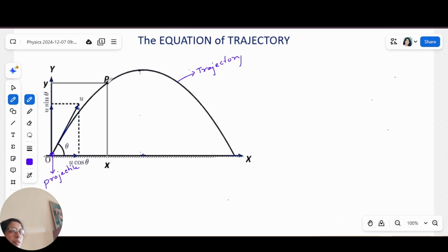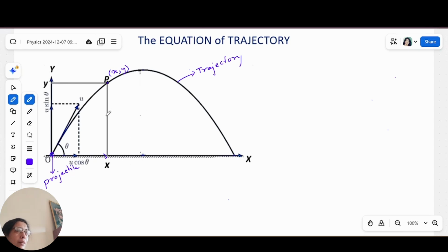For this, we choose a point on the path of the projectile and say its coordinates are x and y. That is, it has travelled a distance x horizontally and a distance y vertically.